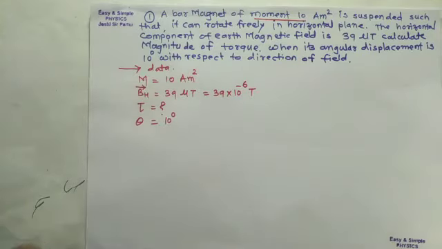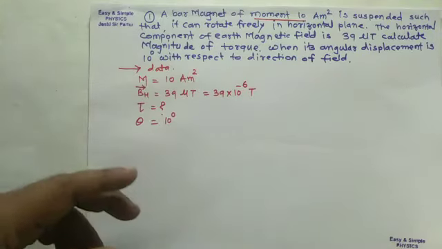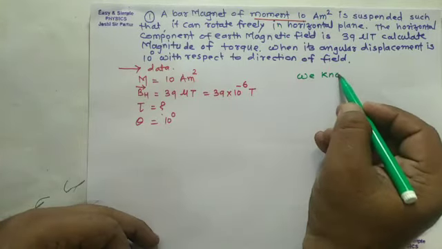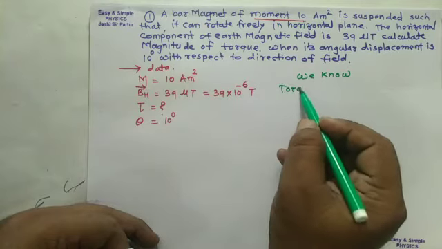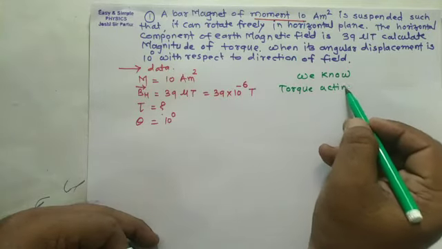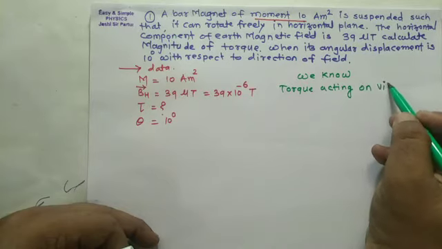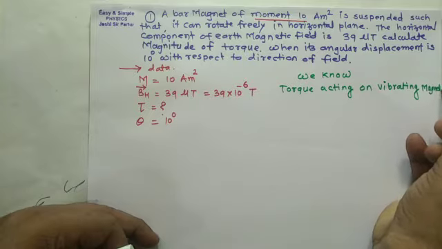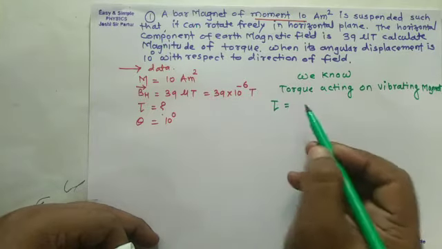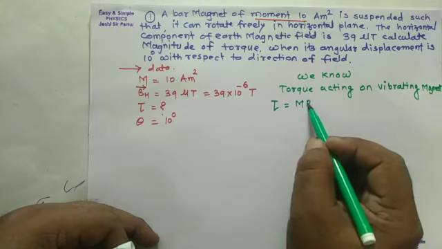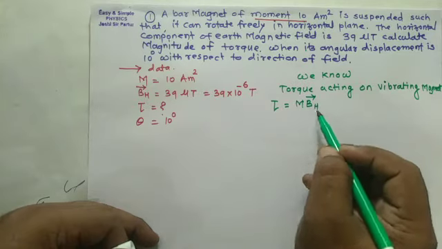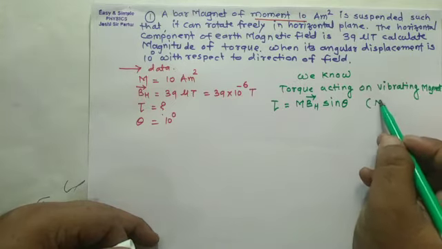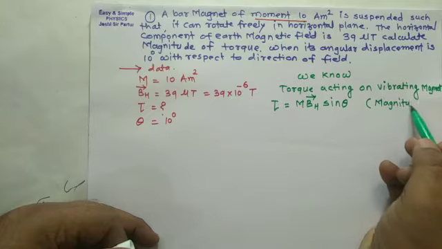So for such an example, first of all, we know the torque acting on a vibrating magnet will be torque tau is equal to vector M cross vector BH, that is M BH sine of theta in magnitude.